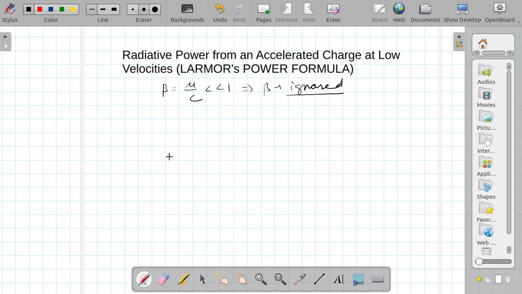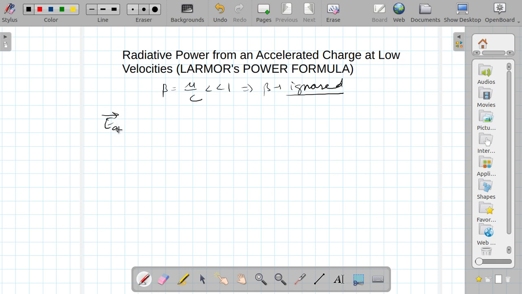Another thing I want to recall is the expression for the electric field, which has components containing both velocity and acceleration.